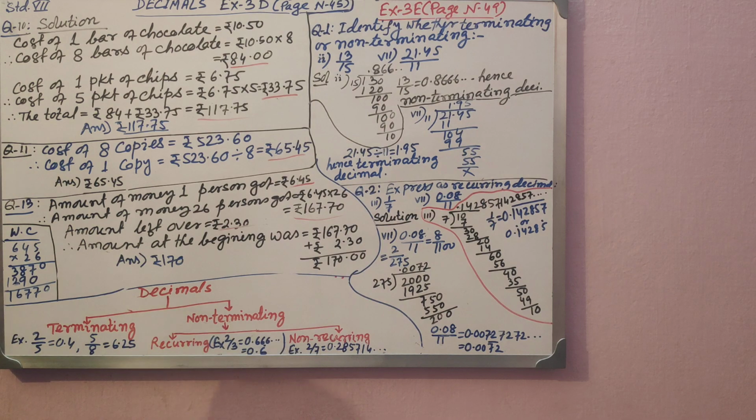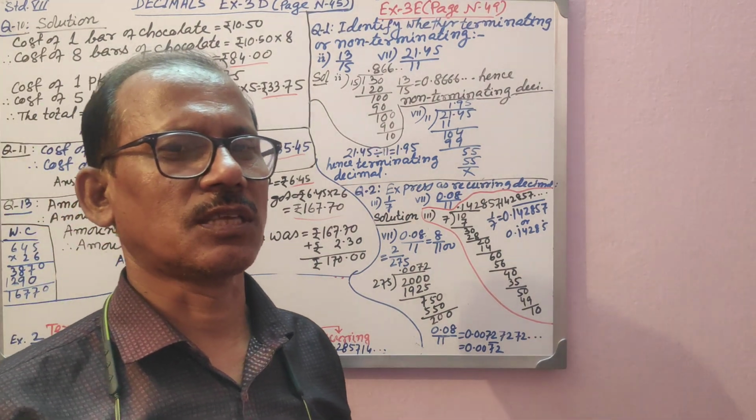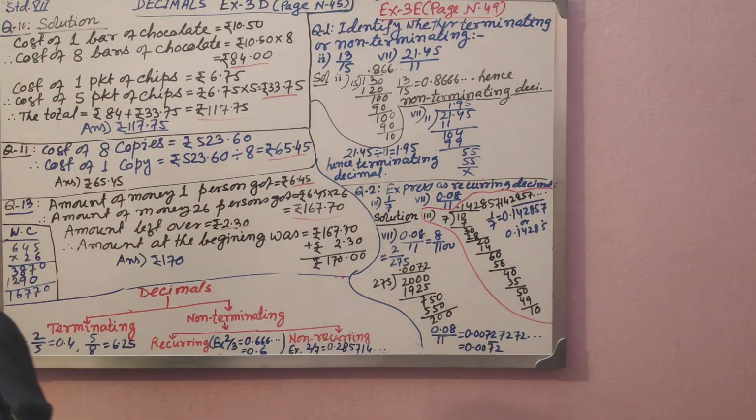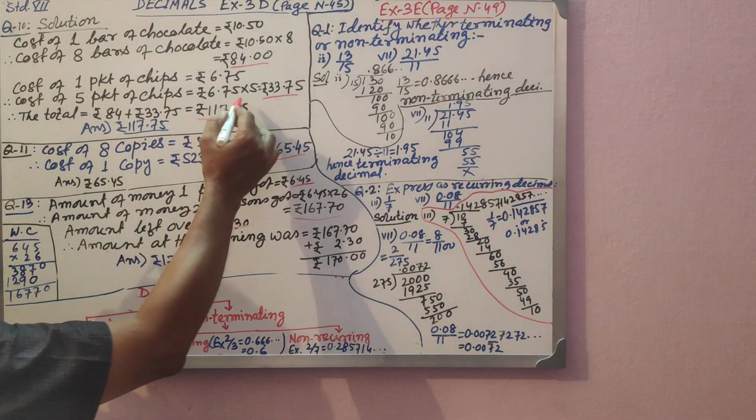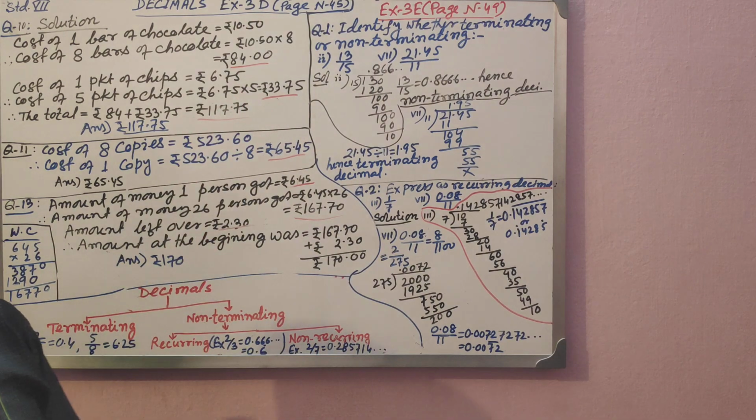The cost of 1 packet of chips is rupees 6.75. Therefore, the cost of 5 packets of chips will be 5 into 6.75. That will become 33 rupees 75 paise.